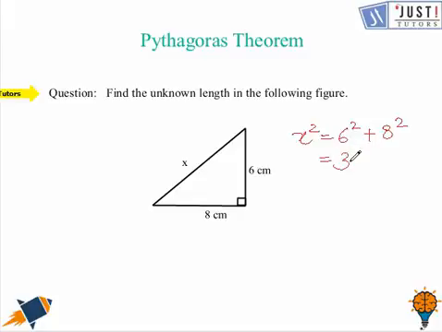Now 6 squared is 36 and 8 squared is 64. That totals up to 100. And as we know that 10 times 10 is 100, so that gives us x equals to 10 centimeter. So the hypotenuse measures 10 centimeter in this triangle.